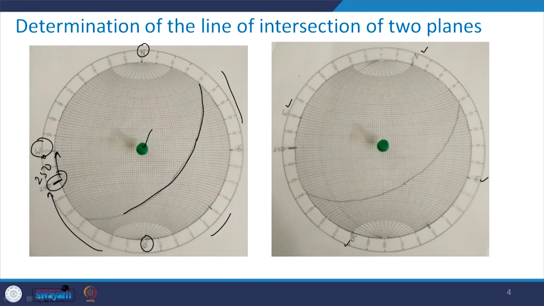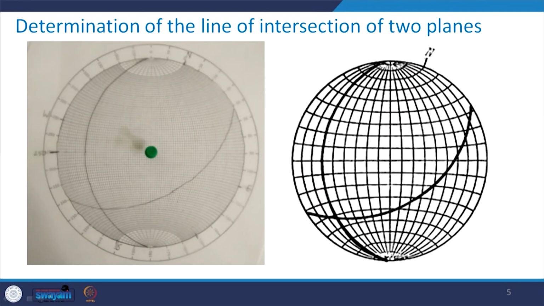What is happening is that the 250-degree mark which was here at this location is now at this location. Now, because the dip is 30 degree, as I explained in the previous class, from this outer surface you will take 30 degree towards the center. So this is your 10, 20 and then this is your 30 degree.